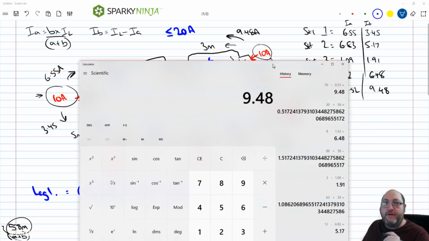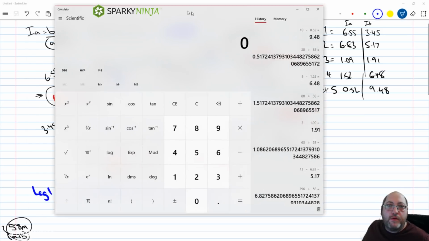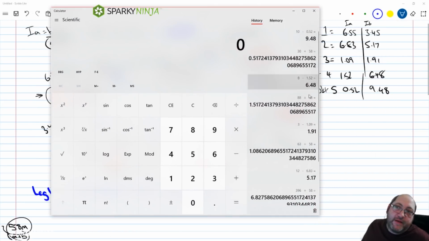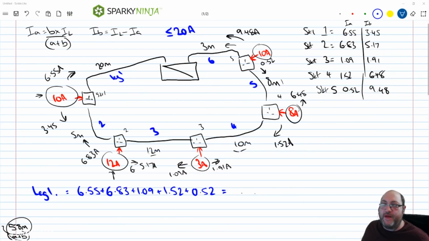Let's get the calculator in. So, forgetting what the math was, I can see it right there. So 6.55 plus 6.83 plus 1.09 plus 1.52 plus 0.52 is 16.51.